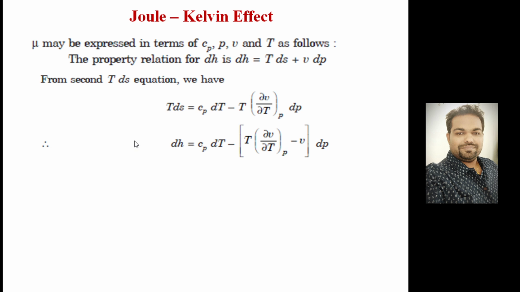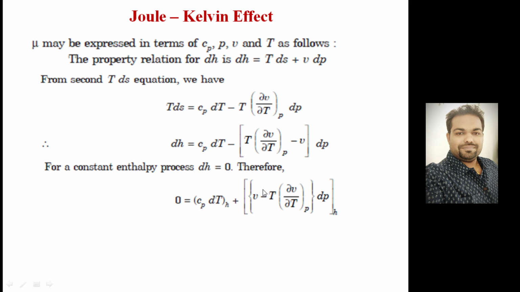And in the previous lecture, we derived the expression for the change in enthalpy, which is dH equal to Cp dT plus the bracket term, V minus T (dou V by dou T) at constant P, into dP. Clear? So this is dH. But for the throttling process, we know there is no change in enthalpy, so we can put dH equal to 0. With this we can find the expression for the Joule Kelvin coefficient.